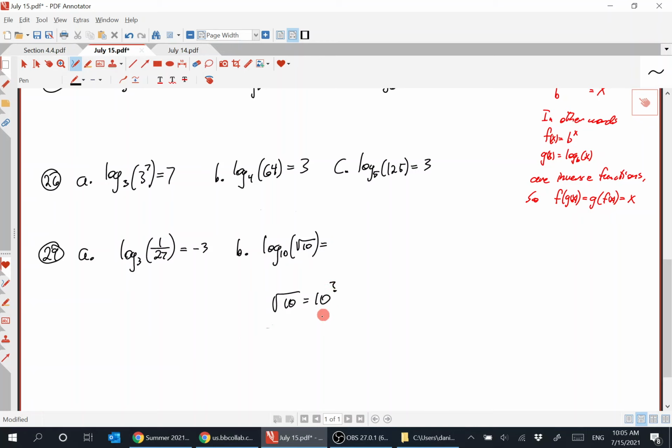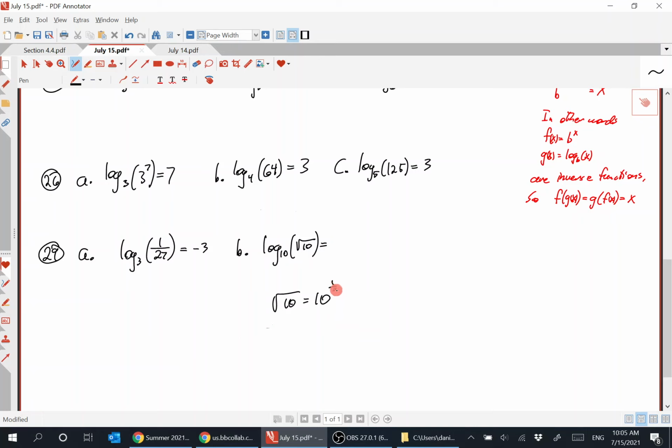What goes up here? How do you change a square root to an exponent? To the second? To the first?